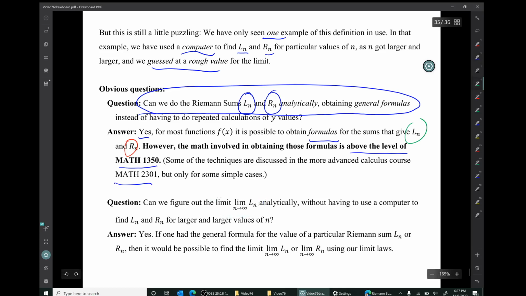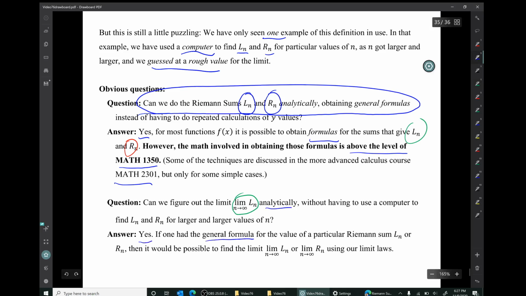Another question is, can we figure out the limit as n goes to infinity of Ln? Can we figure that out analytically without having to use a computer to find Ln and Rn for larger and larger values of n? Well, the answer to that is also yes.